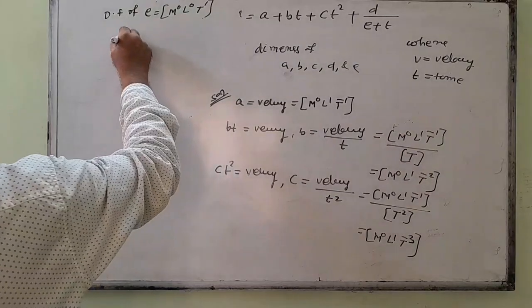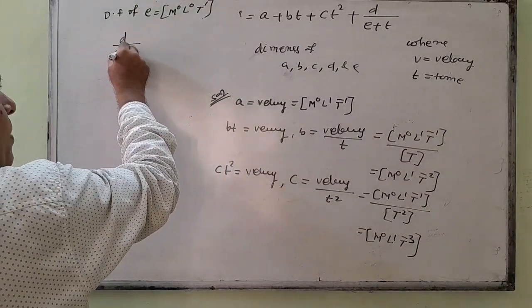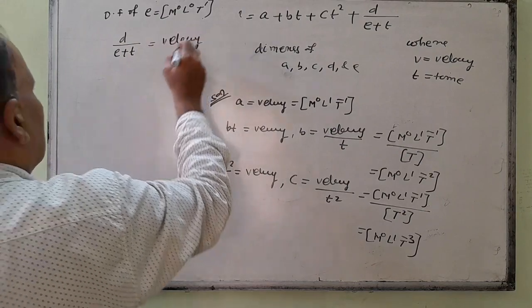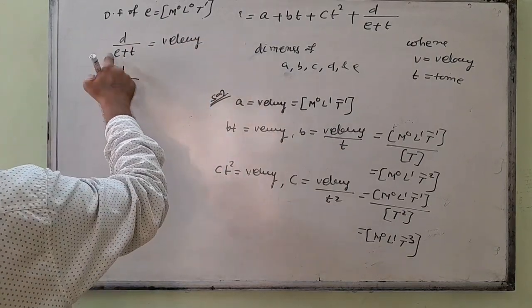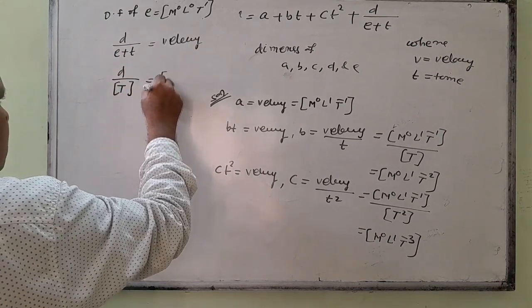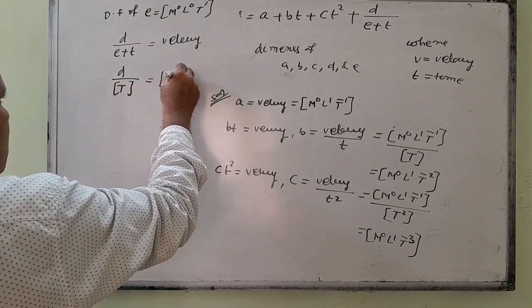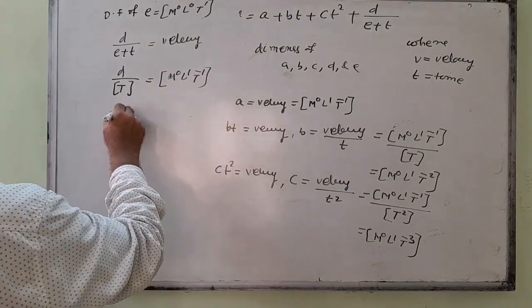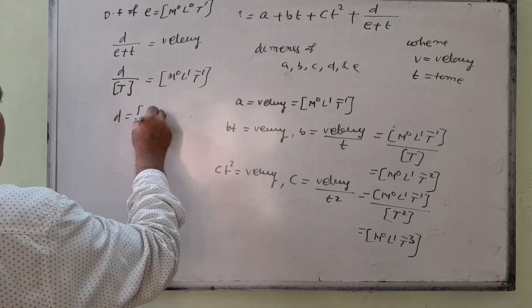Again you see D by E plus T is equal to velocity also, or D by this is the time plus time, its dimension is velocity, that is your M0 L1 T to the power minus 1, or D is equal to what?